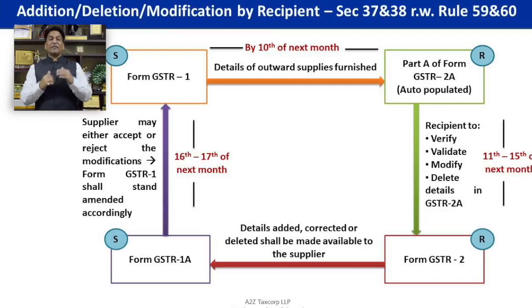Section 17(5) talks about food and beverages, outdoor catering, club membership, construction of immovable property, etc. You may see such transactions even though the supplier uploaded invoice particulars, which you could see in 2A, but you can't avail credit because these are the negative list of inputs and input services.